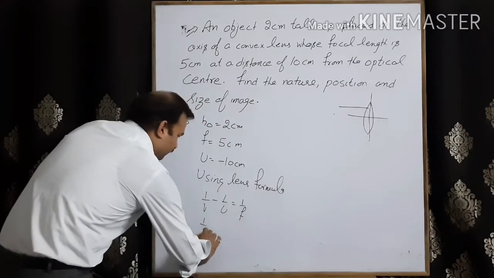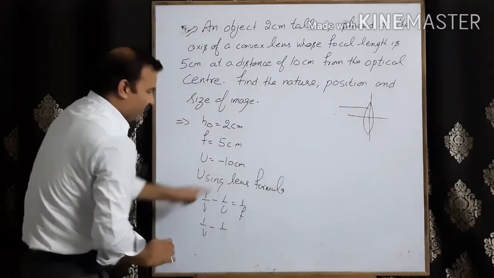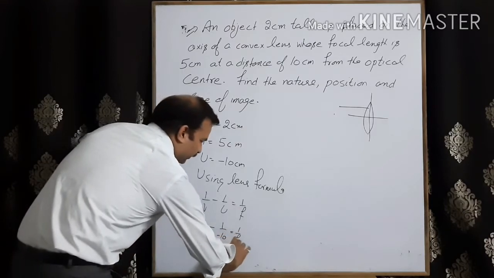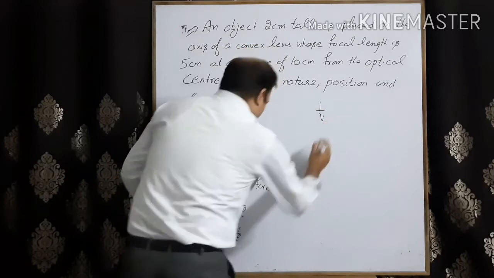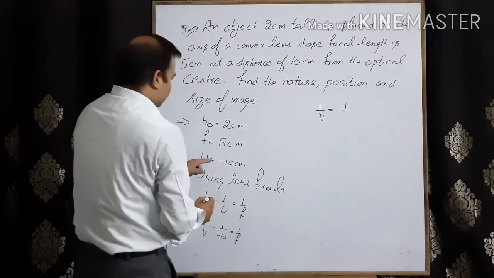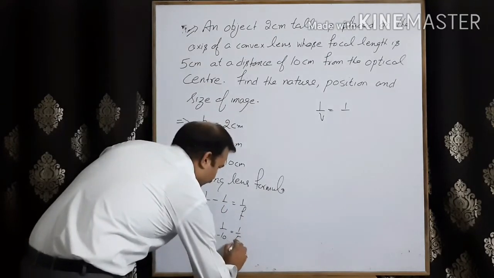What is u? Minus 10, so I'll write minus 10 here. This becomes 1 by v is equal to 1 by f. What is f? That is 5, so I'll substitute 5 here.